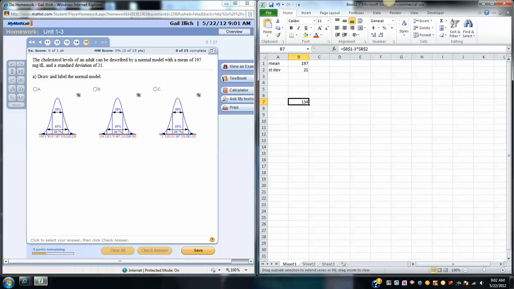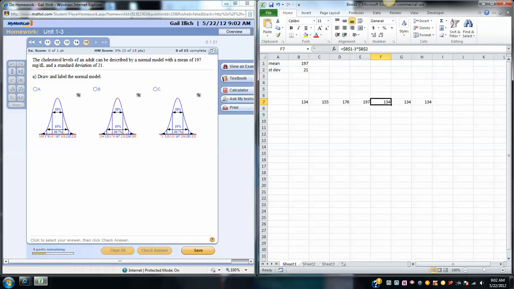Now if I just drag this 6 places, I can then edit it. I want this to be just 2 standard deviations away from the mean. Then I want this one to be just 1 standard deviation away from the mean. So I'm taking that off, and I just want this one to be the mean, so I'll take the subtraction part off.